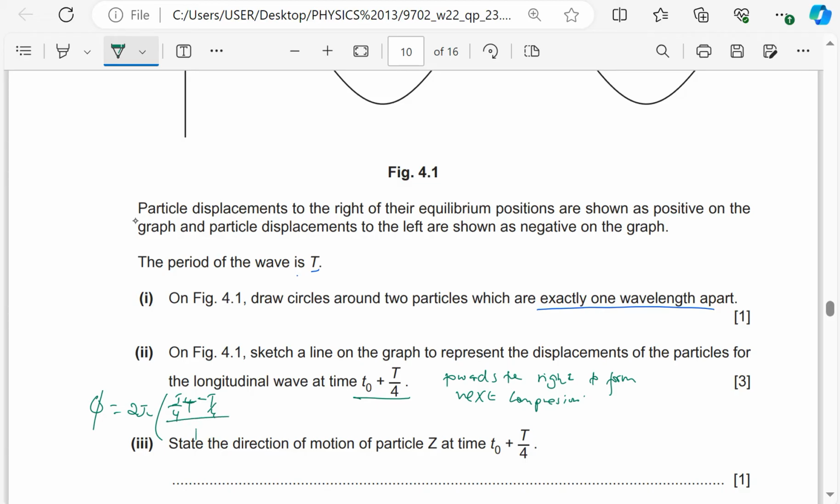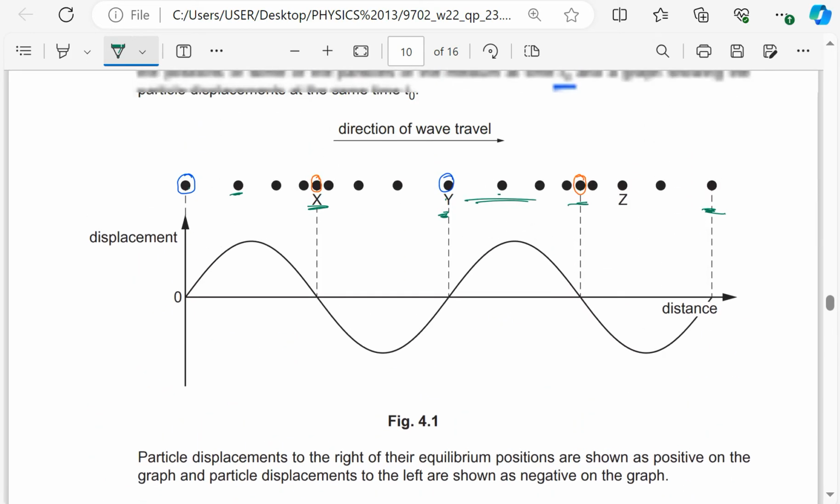So if I divide this by the period, this gives me pi, I think. A quarter plus a quarter, because it's minus minus. So it's a quarter plus a quarter, which is a half. And this gives me pi. That means for the next a quarter of a cycle again, we shall have points of zero displacement, but this time it will be a reversed graph. So this is going to be a curve of this nature.